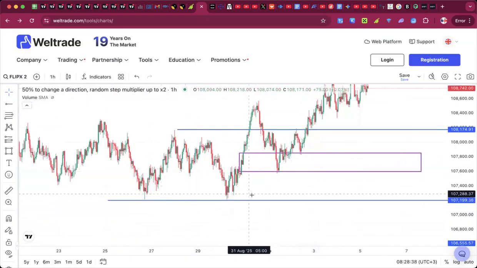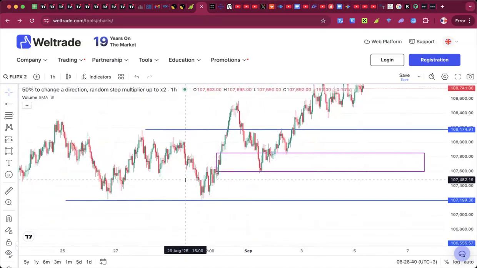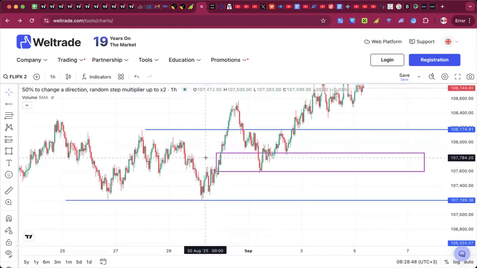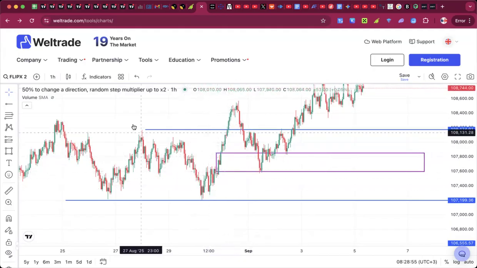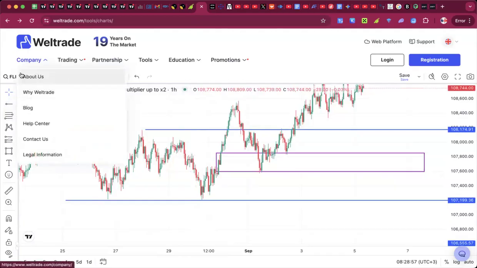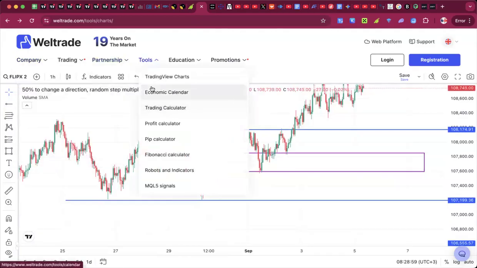I think this was more than this. So the same thing, we mark here, come down, you want to break it. Broke it. Waiting for an area. So that's how you refine to as low as 1 minute or so.